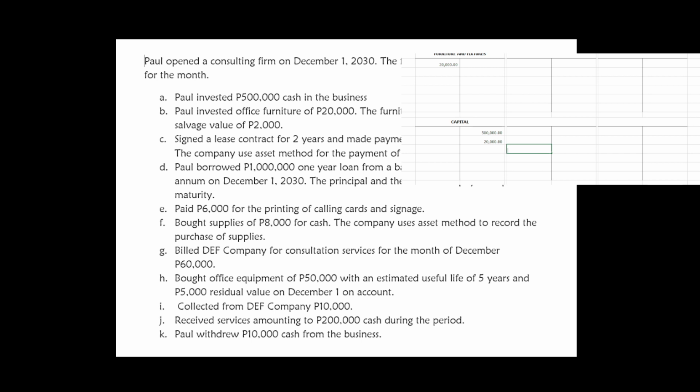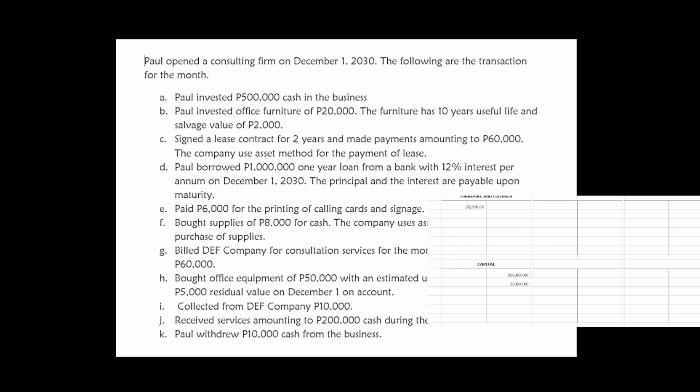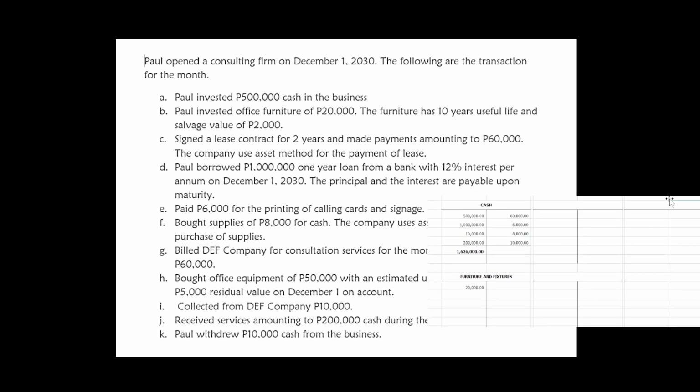Signed a lease contract, sana yun, for 2 years and made payments amounting to 60,000. The company uses asset method. Okay, asset method, ibig sabihin, prepaid rent yung ginamit. So sa prepaid rent, nagbayad daw ng 60,000.